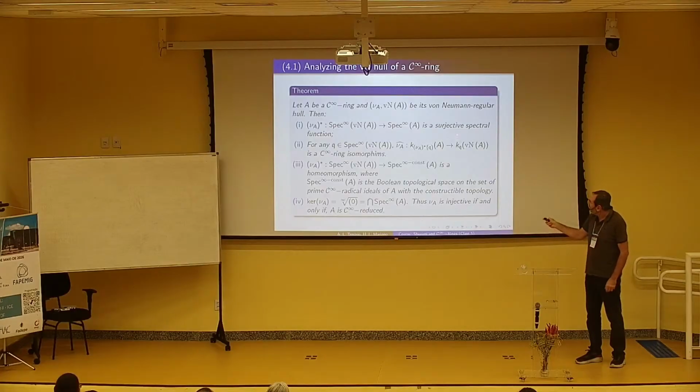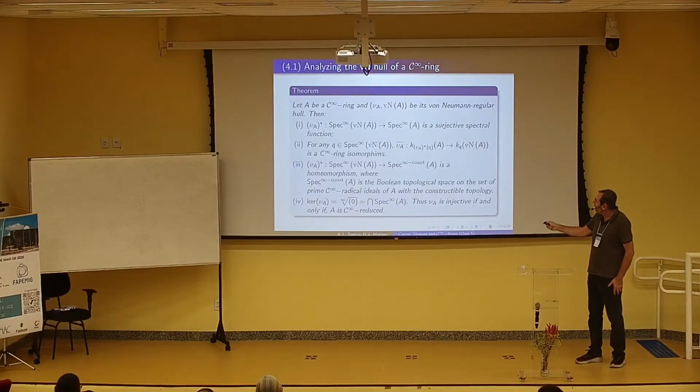Você consegue mostrar que esse cara induziria nos espaços espectrais uma função espectral sobrejetiva e, de fato, num segundo momento, que é injetiva, que nas fibras, o mapa induzido traria um isomorfismo entre os corpos residuais associados com A e o corpo residual associado com Vn de A, né?